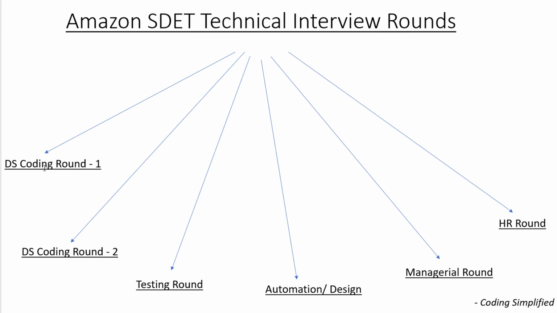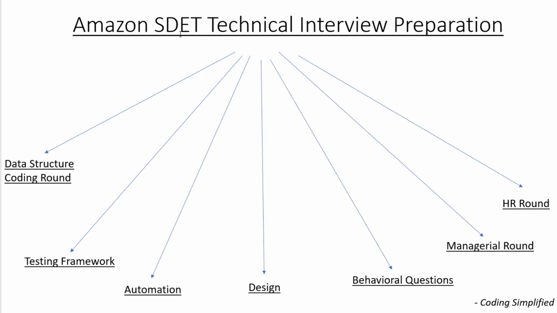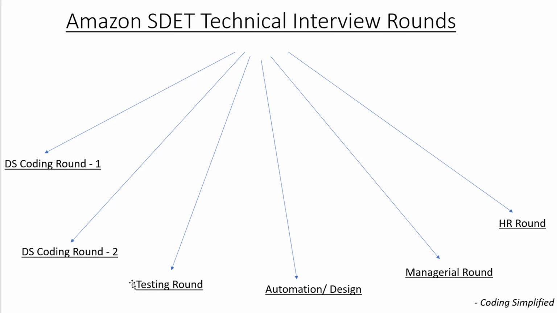So it means our first round and the second round will be coding rounds, and that's what we have mentioned in our SDET technical interview preparation, that we have to see the data structure coding round, right? Then the next round would mainly be the testing round or the automation design round.